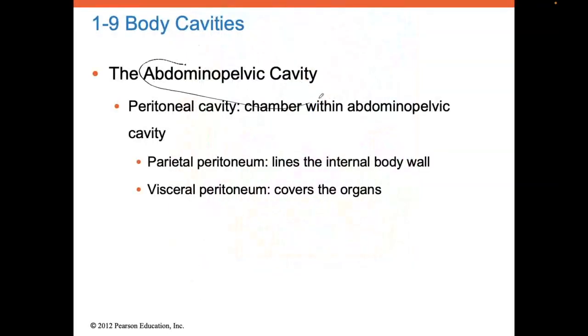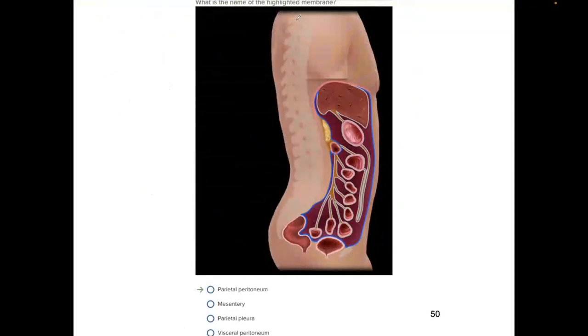Now, in the abdominopelvic region, we're going to refer to the layer that covers all of the digestive organs as the peritoneum. There'll be a parietal and a visceral peritoneum. So from the sagittal view, right, we're looking at left and right half. Well, we can see the liver, we can see the stomach, we could see the large intestine, the small intestine.